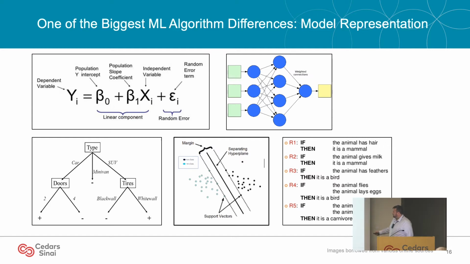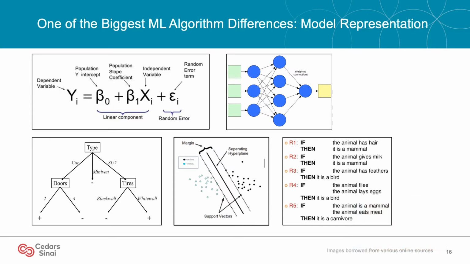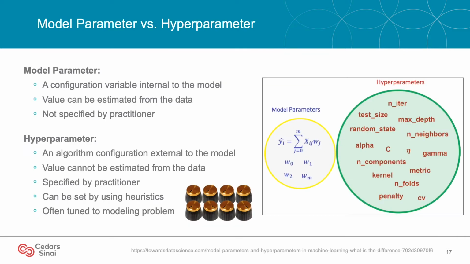Support vector machines attempt to find a plane to separate classes as well, but represent this in a slightly different way than logistic regression. We have networks for neural networks, and we even have rule-based predictors, where the model is represented as a set of very human-readable if-then rules. So there's quite a variety of ways to represent models, and this doesn't capture everything.